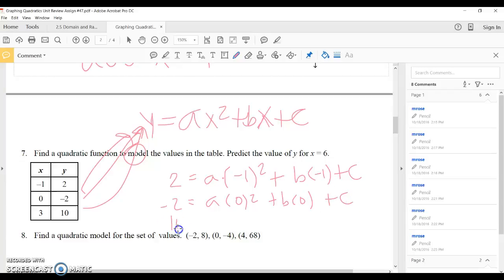And I'm going to get 10 equals a times 3 squared plus b times 3 plus c. I could then simplify those and make them into a nicer equation and then use elimination to find the answer.